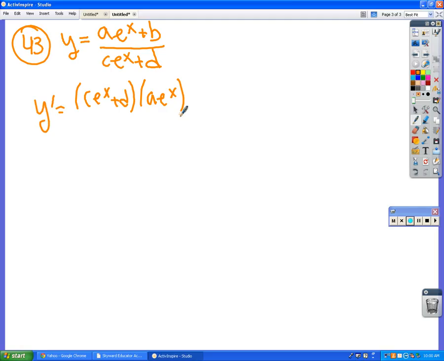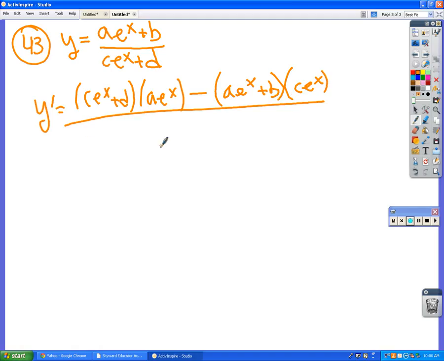Okay, so low d high minus high d low. What's the derivative of the bottom one? C times e to the x over the square of what's below. Okay? We do have a little bit of canceling here that we can do.